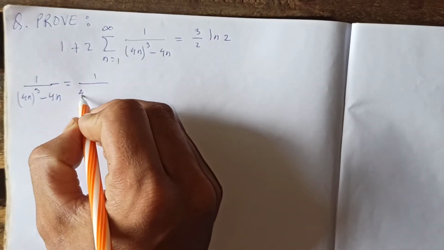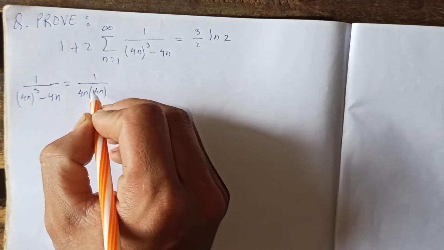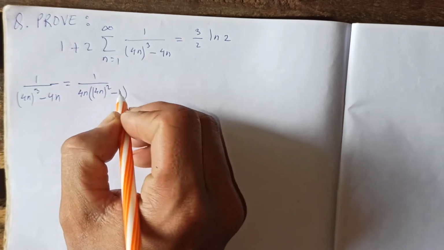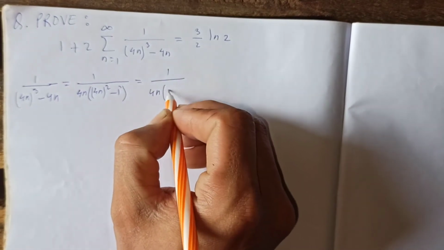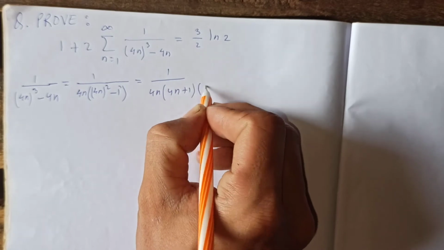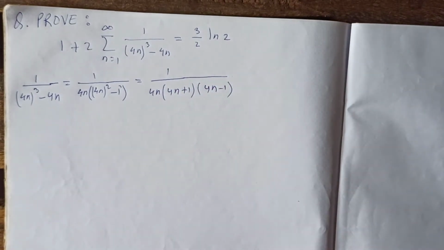So let us take 4n common. Here 4n squared minus 1 is the same as a difference of squares, which is 1 over 4n times (4n plus 1)(4n minus 1). So this is the splitting term.